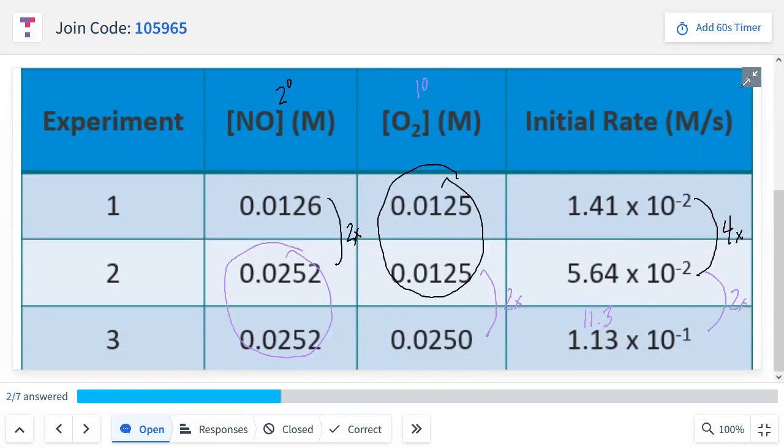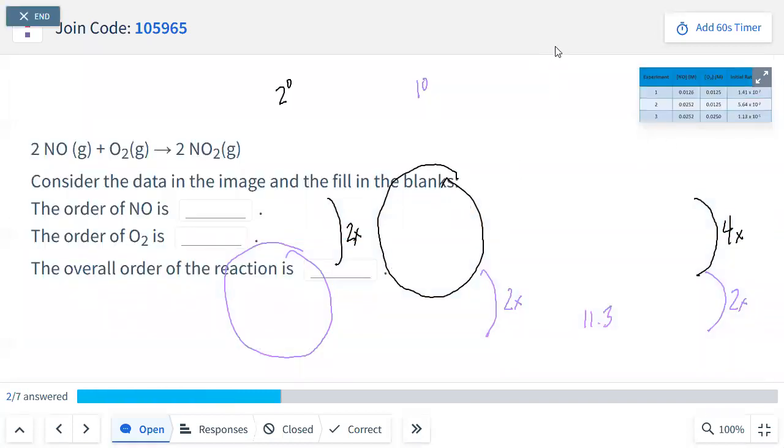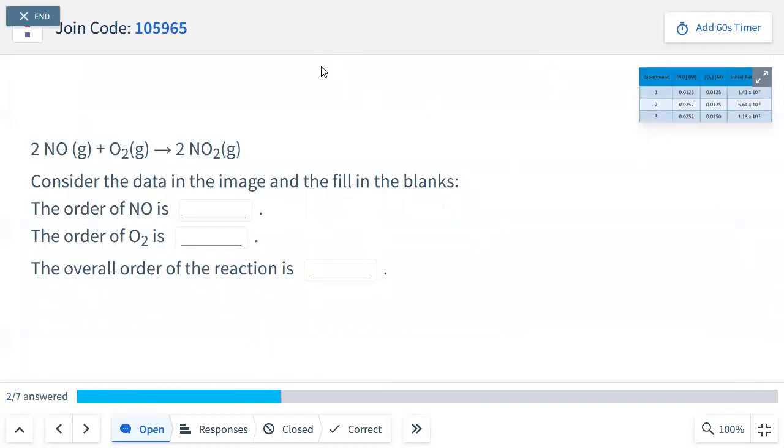So the overall rate law would have been R is equal to K times the concentration of NO squared times the concentration of oxygen to the first.